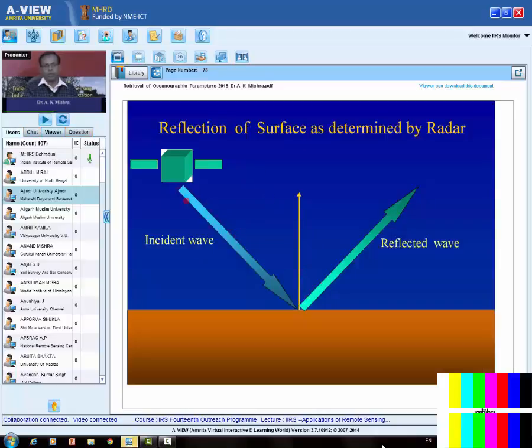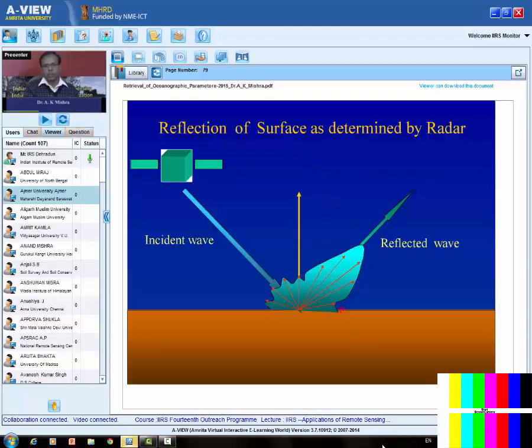Then this picture shows you the reflection of the incident radar beam. If the sea surface is very calm, then the radar beam coming in will get reflected in the opposite direction, and a very small amount of backscattering will be there. So the radar image will look very dark in nature.